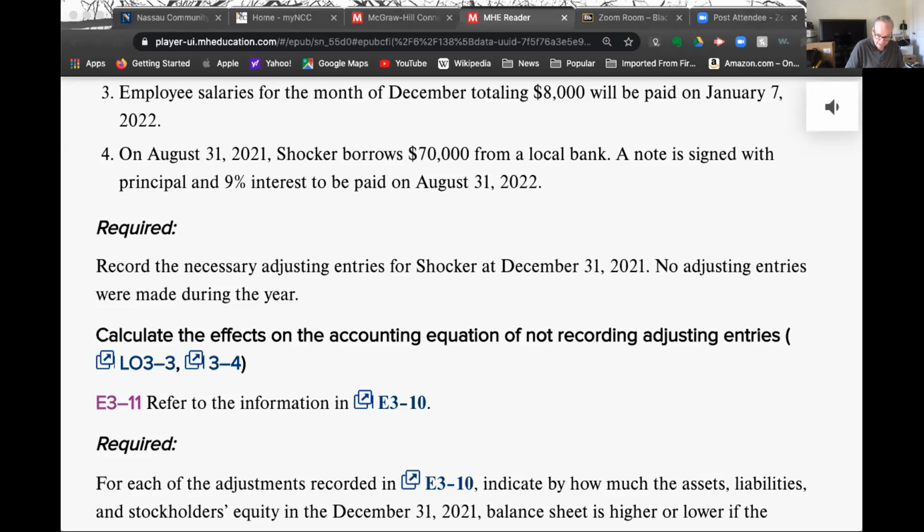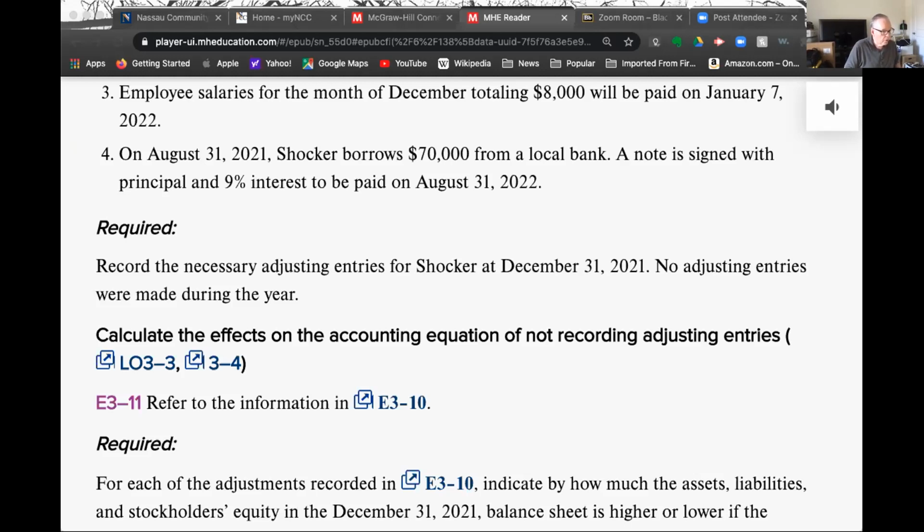If we divide that by 12, it comes out to $90 for a month.